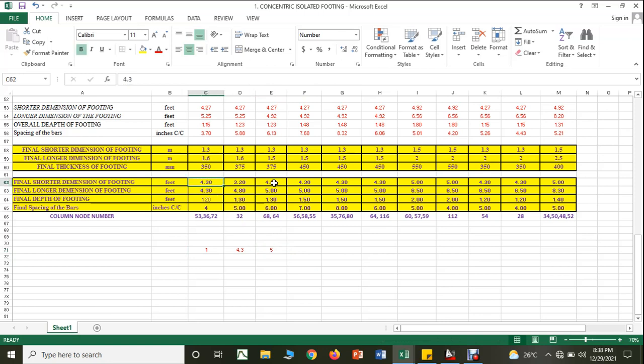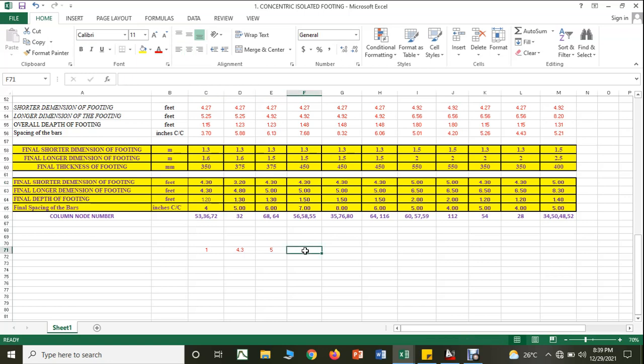You can see 4.30, 4.30, 4.30, 4.30, but you can see for this the longer dimension is 4.30, while for these it is 5, 5, 5, 5. Therefore let us make the first set of columns 4.3 into 5.